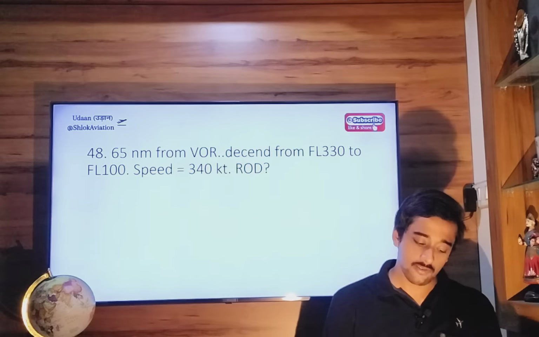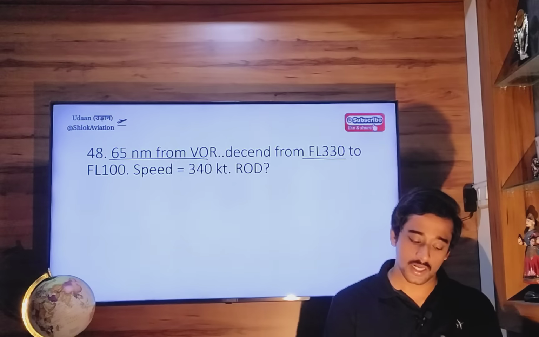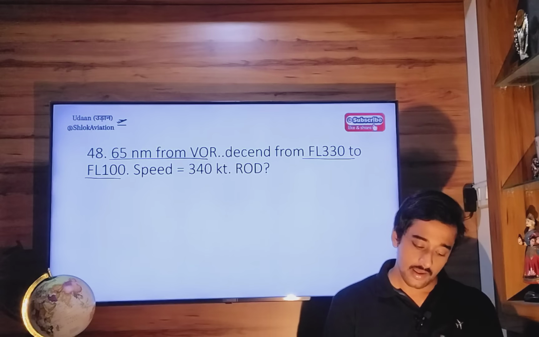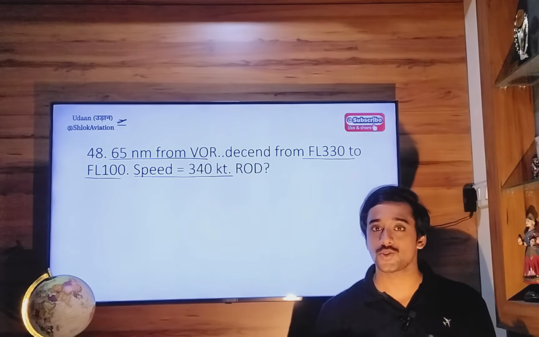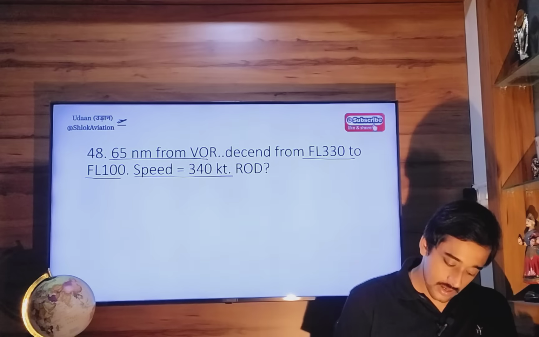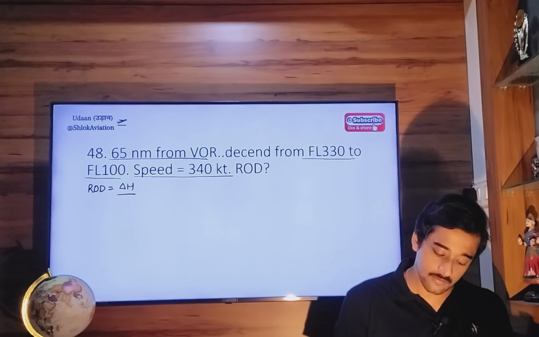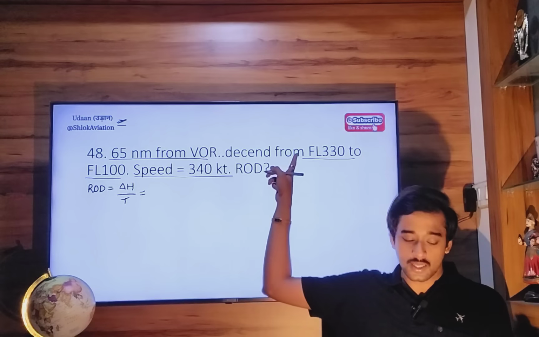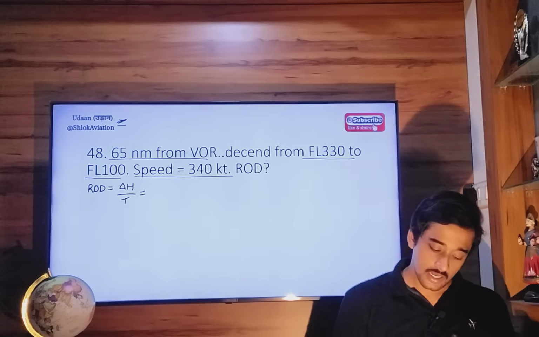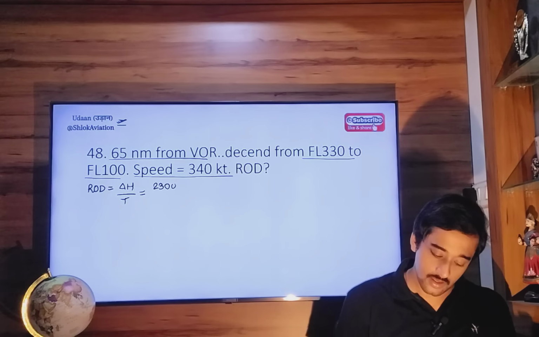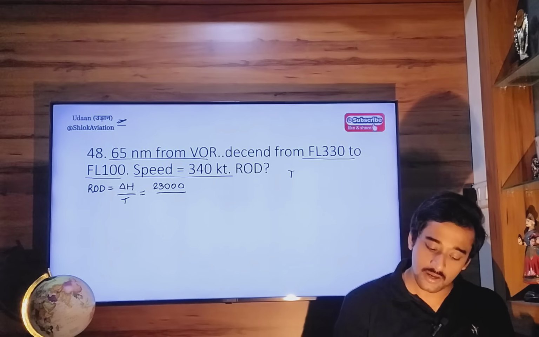65 miles you are away from VOR. You have to descend from 33,000 to 10,000 at a speed of 340 knots. What is the rate of descent? So rate of descent equals change in height divided by time. Change in height, 33,000 minus 10,000, is 23,000. Time equals distance by speed.